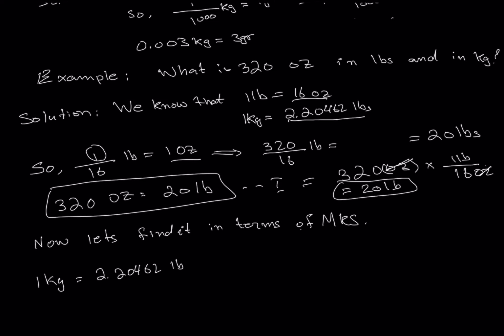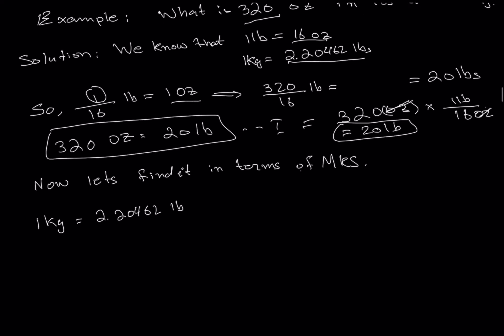Now let's find it in terms of MKS, or since we don't have a meter, just in kilograms. We already said 1 kilogram is equal to 2.20462 pounds. We can solve this example in 2 ways. We can either go by the 320 ounces we have, or use the equivalent, which is 20 pounds. Either way we should get the same answer.